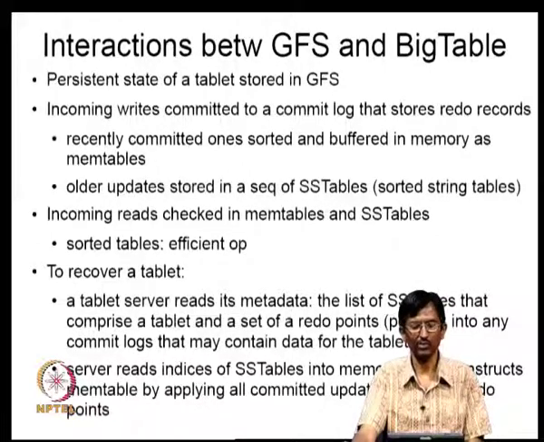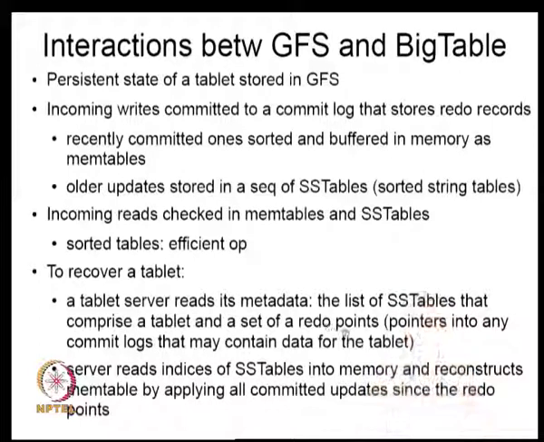You have to read all those things into memory, and you also have a set of redo points. Basically, these are the points where the commit logs tell you that this contains data for the tablet. The data is read into memory, and you have to reconstruct the mem table, because I told you the mem table is the thing which keeps the current set of recently committed ones.